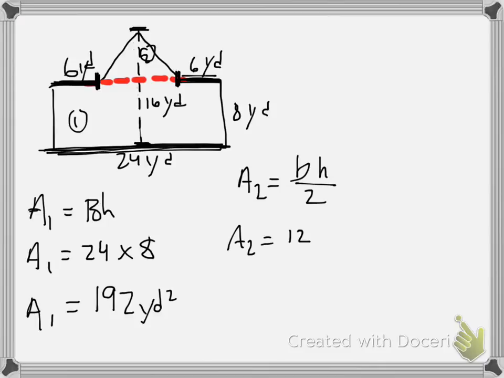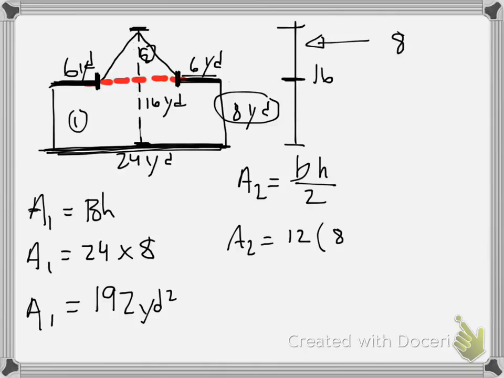But I only want the triangle part. Well, if I know that this distance is 16, and I know that this much of it is 8, because here's my 8 for this height of the rectangle, what's the part that's left over? Well, that has to also be 8. So now I know my height is 8.